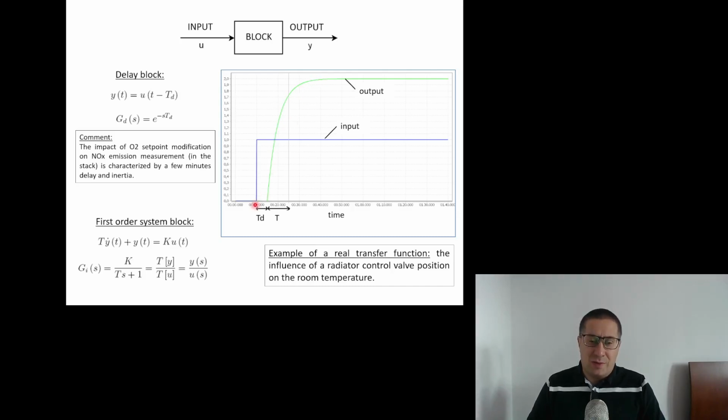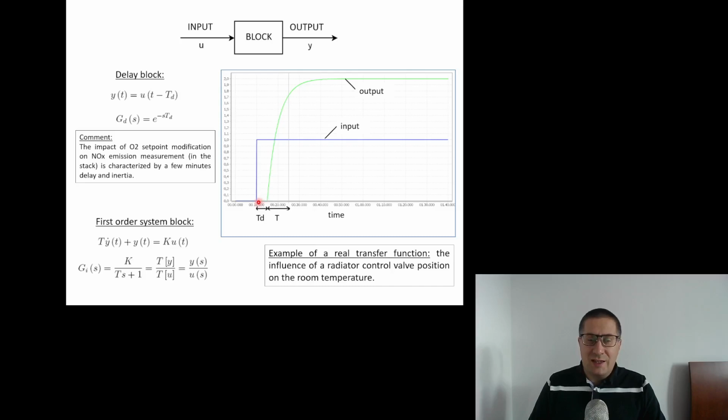So I will wait, depending on the boiler size, a few minutes up to, I don't know, half an hour to see that the reaction is starting. And then this transition will be characterized by inertia. We will see that the NOx emission is increasing and then settling at the new level, in the new steady state. Usually this transition is also smoother.